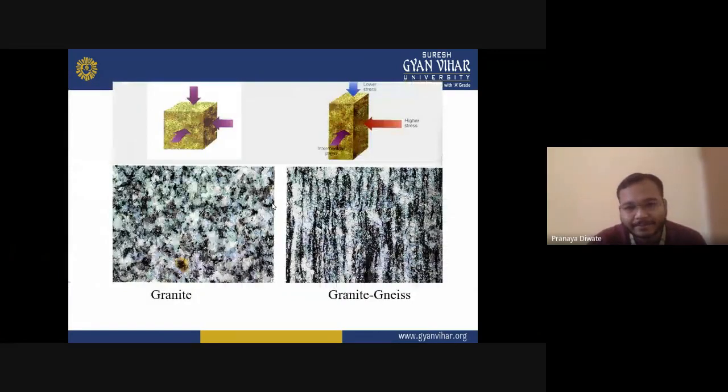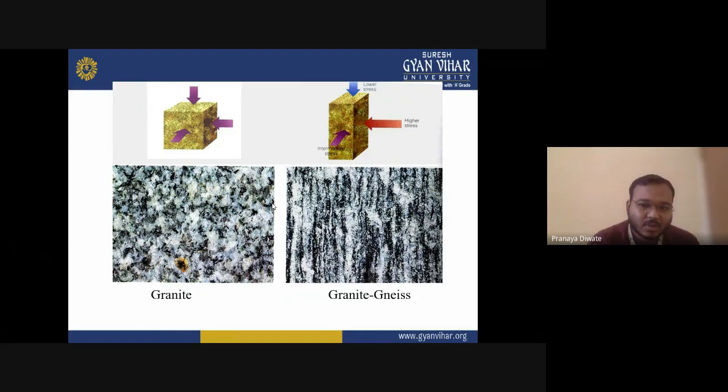Now, a metamorphic rock is always studied as a derivative product of some other rock. So you have a pre-existing rock, which will be changed into another one.